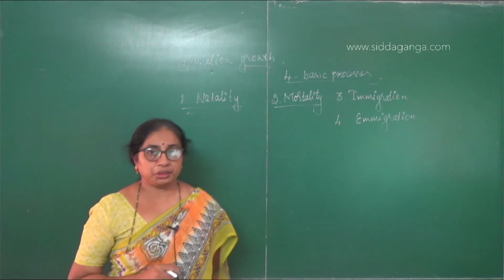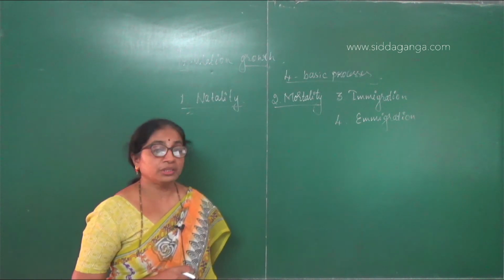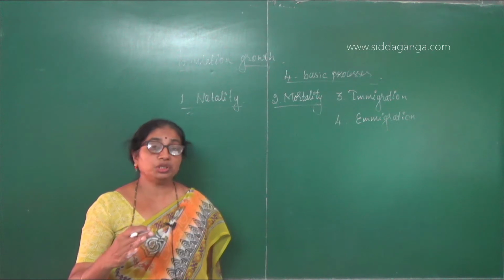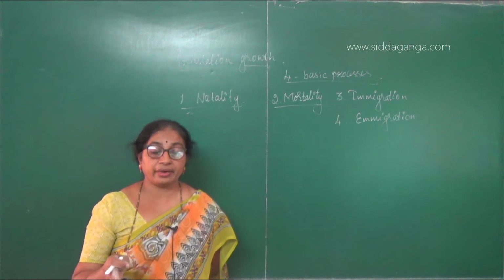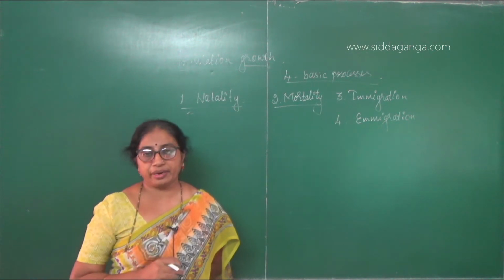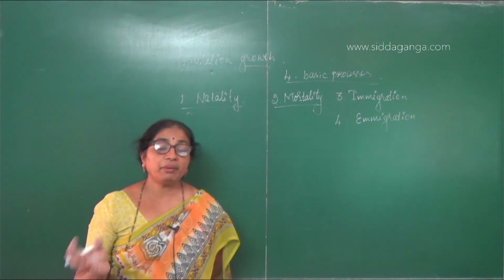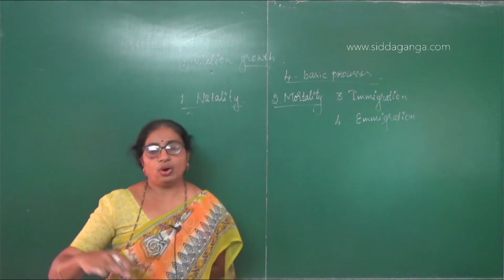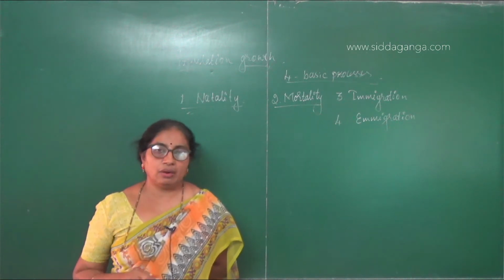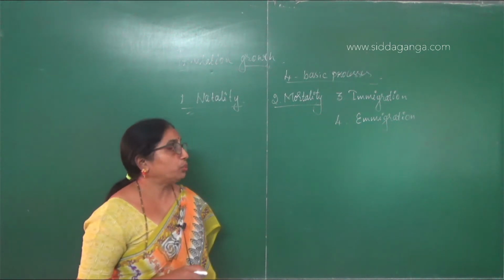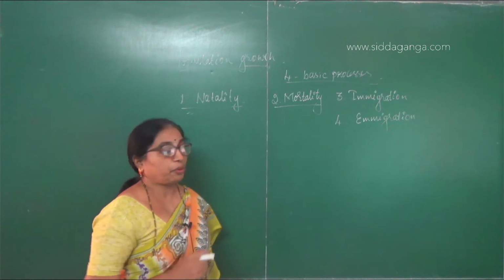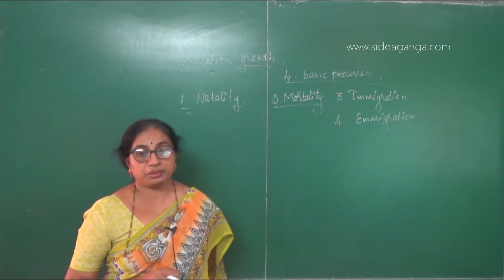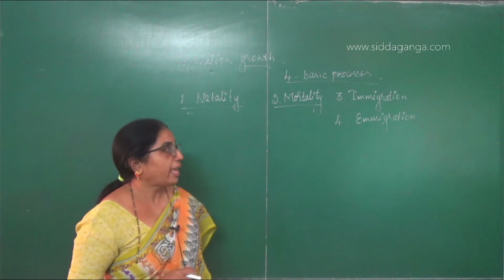So emigration. Emigration is the movement of individuals out of the particular habitat to elsewhere. So many people may move from Davangere to Bangalore or to different countries outside India, which may decrease the population, and the process is called emigration.